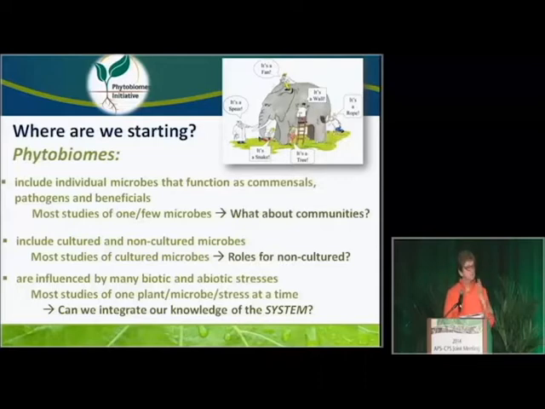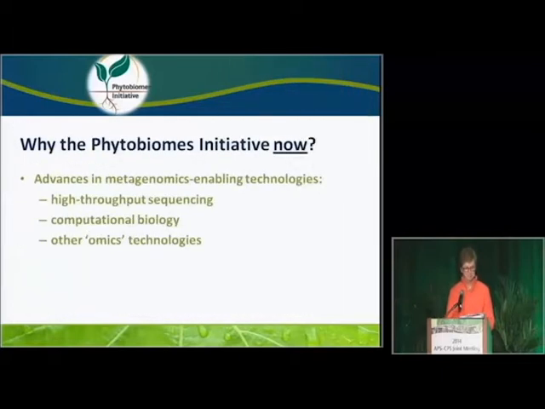So what happens? How does drought factor into this? How do high temperatures factor into this story? And these are questions that historically we've not been able to address holistically because we haven't had the tools to do so. So can we integrate this whole system to understand it?